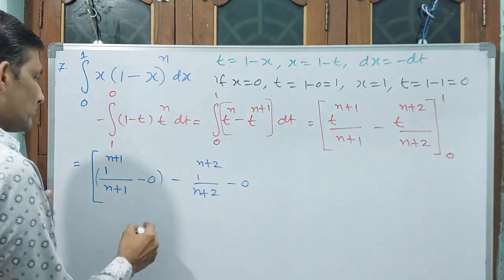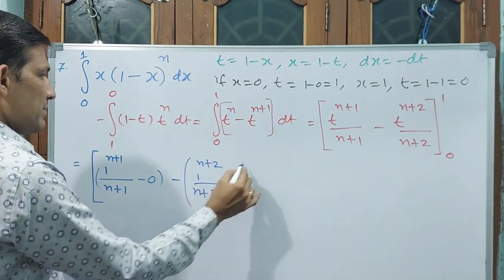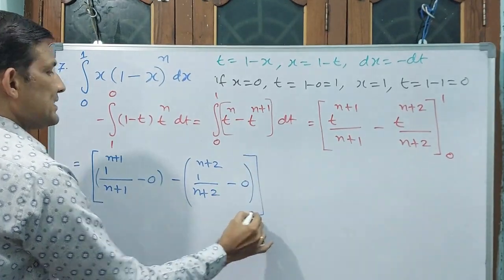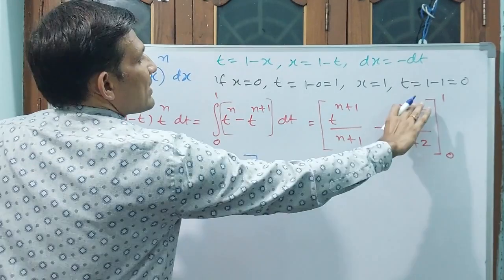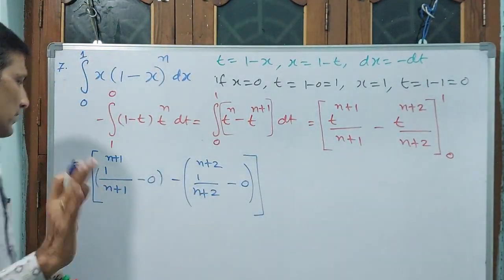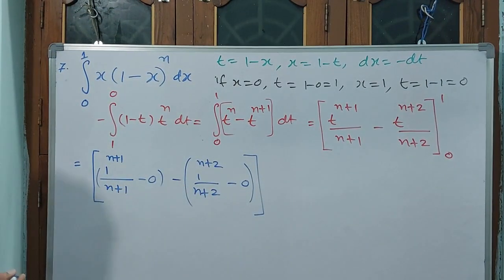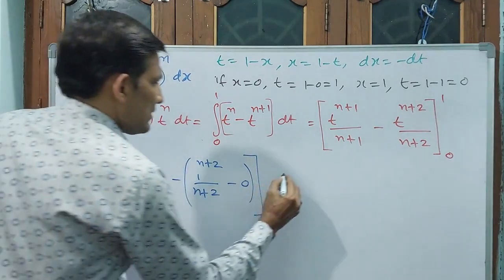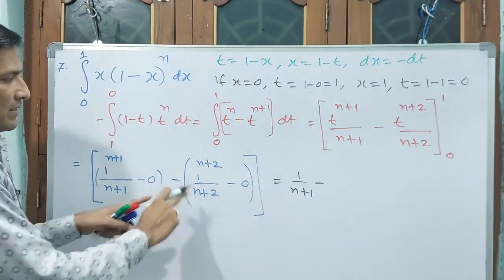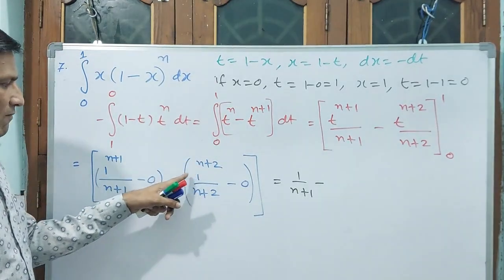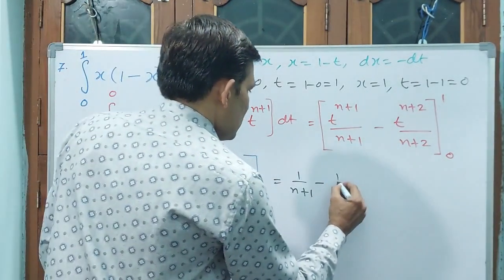And you keep this bracket. For this separately you have added upper limit and lower limit. For this also added upper limit and lower limit. Now 0 you need not consider, but you have to consider these values. So 1 power something is 1 only. 1 by n plus 1 minus 1 power something is 1 only, 1 by n plus 2.